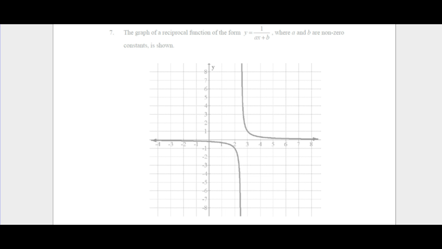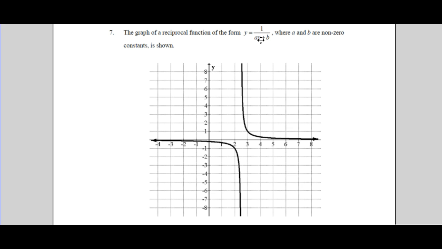All right, so what happens where you have a vertical asymptote? The original function has a 0. It looks like there is a vertical asymptote at 2.5, which means we're going to have a 0 at 2.5. Now, ax plus b is a straight line, which means the original function was a straight line.